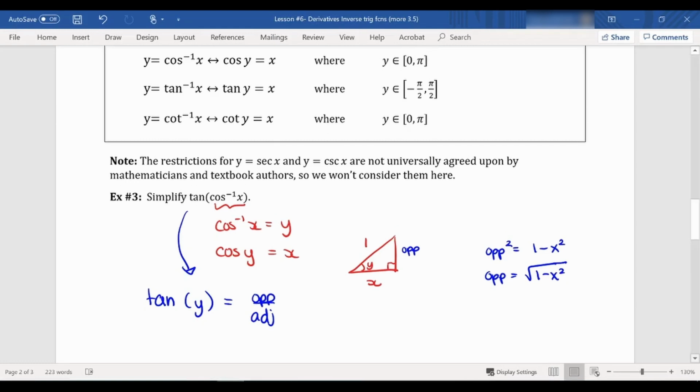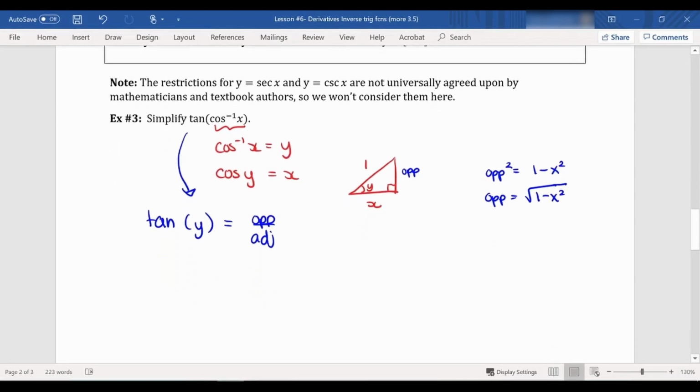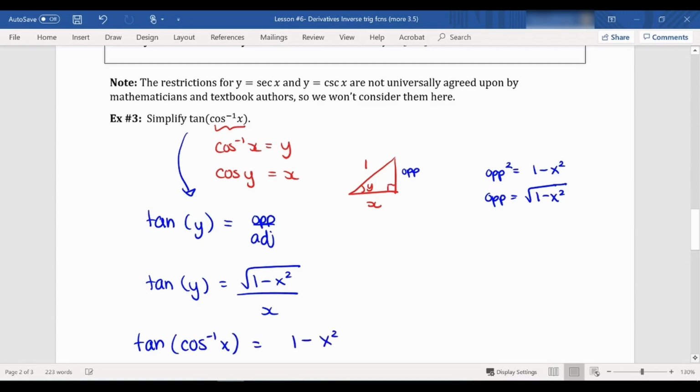So my tangent of inverse cosine, or tangent of y, would equal opposite, square root of 1 minus x squared, over adjacent, which is x, okay? Or I didn't have a y in my question. Tangent of inverse cosine of x is equal to the square root of 1 minus x squared over x.